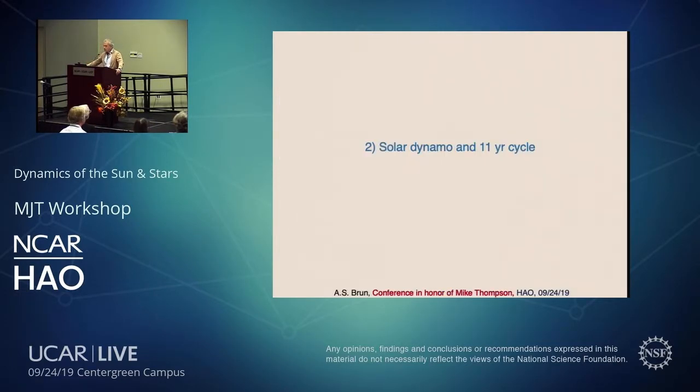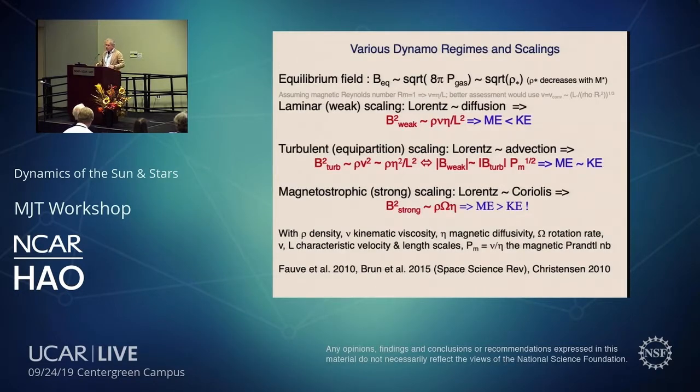So now I move on into the solar dynamo and the 11-year cycle. Since Mike liked equations, I put a few in, like Rachel. You can get a good first estimate by looking at some force balance in the Navier-Stokes equation. So one thing that you can easily do is to say, what will be the equilibrium field if I was equilibrating the magnetic pressure at the surface with the gas pressure?